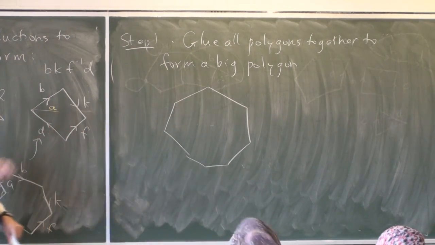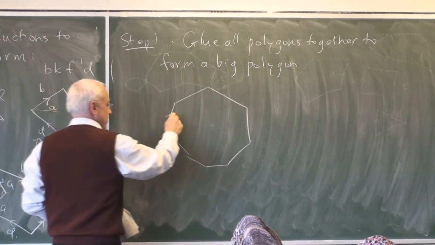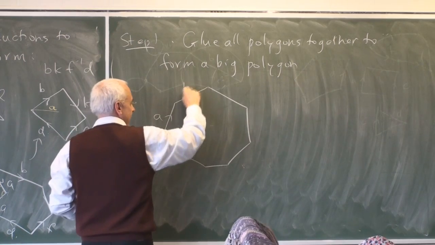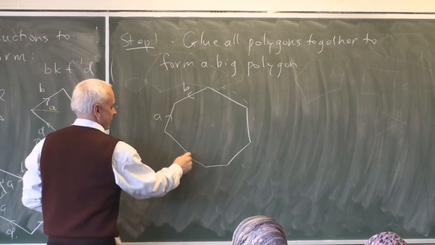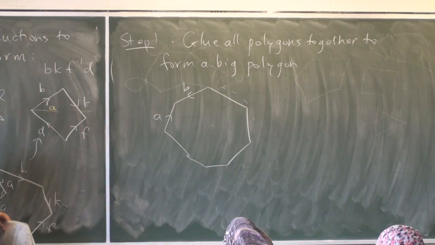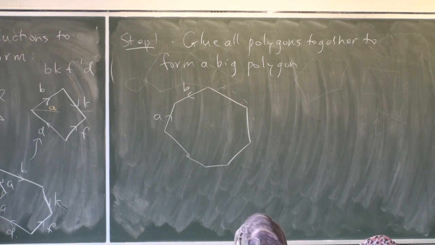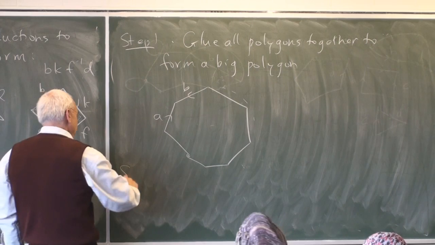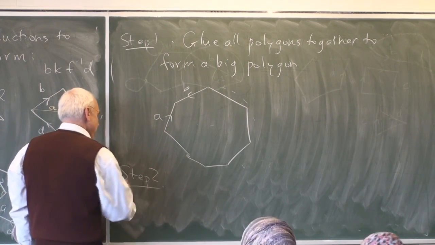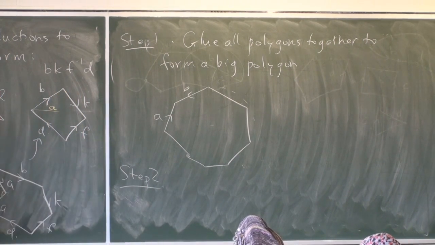So at the end of that process, we have all of our constituents arranged in some big polygon with lots of edges, each edge appearing twice. Then our second step is to modify that so that there's only one vertex.